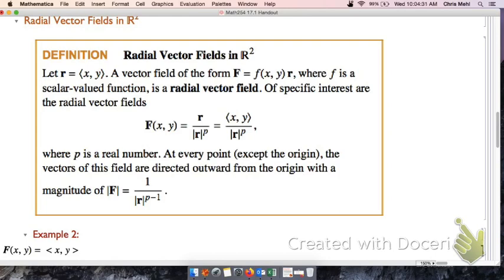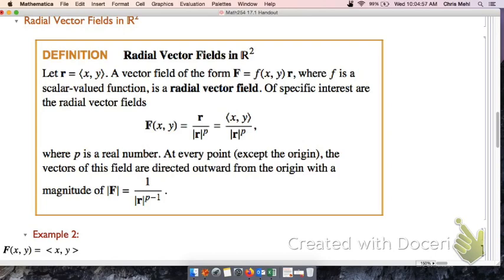Now, there is a special kind of vector field in R2, and then there's going to be an analog for this in 3 dimensions, or R3. So if you let r be the vector field with components x and y, a vector field of the form F equals f of x, y, times r, where f is a scalar valued function. This would basically be a function that gives a surface, right?